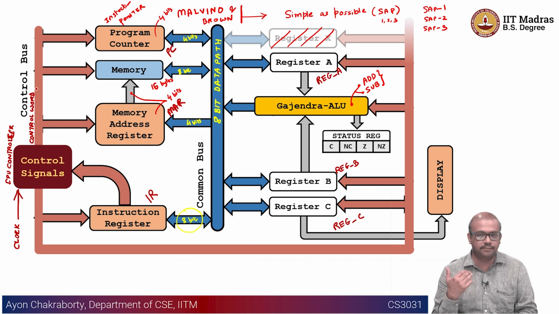And suppose you need 5 such things in the sequence, each one of these steps is achieved by issuing a control word. Okay, so achieving the add operation in our context may require 5 control words to be executed one after the other, or issued, I would rather say, issued one after the other.